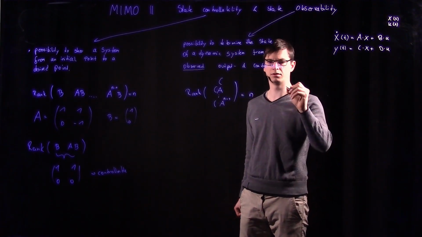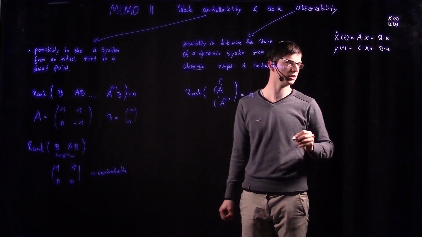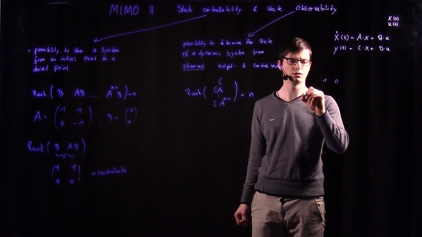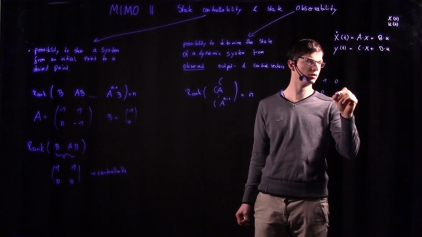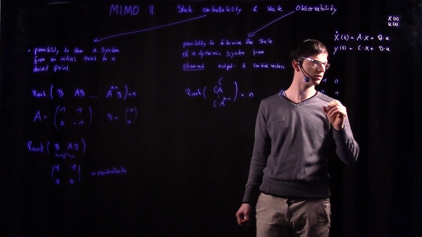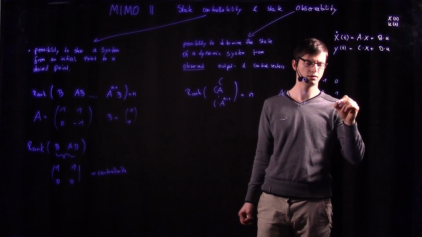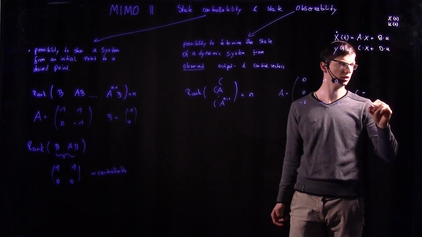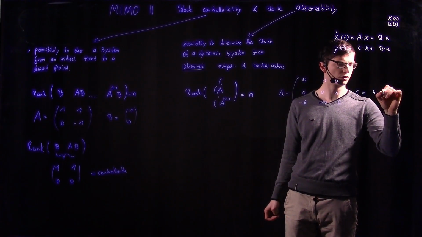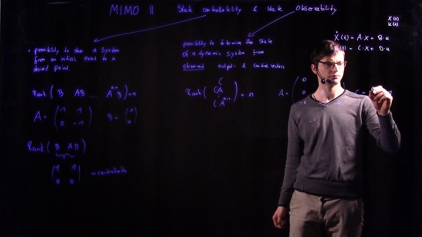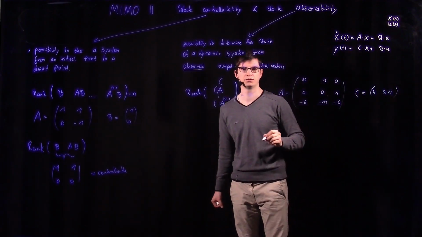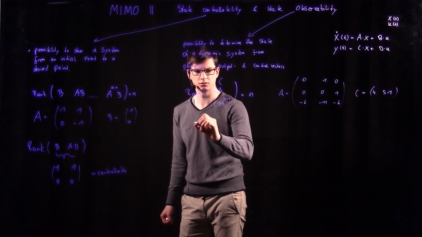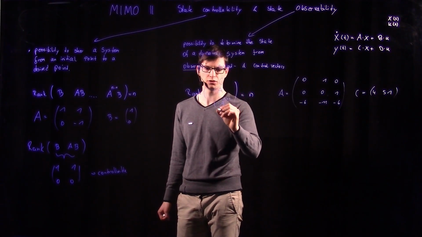Let's imagine A to be 0, 1, 0, 0, 0, 1, and then -6, -11, -6, and the coefficient C shall be 4, 5, 1. We have to build this matrix first.